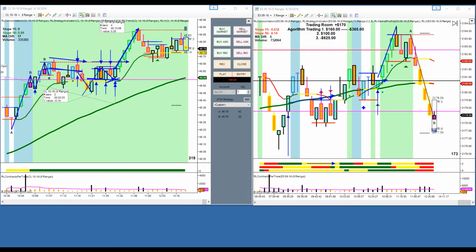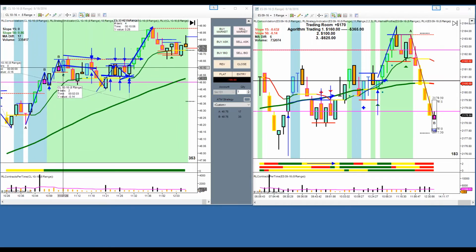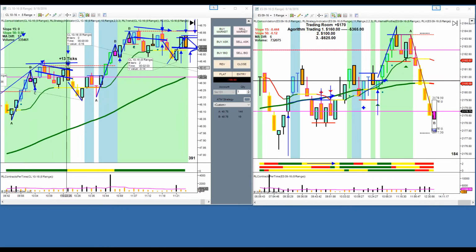Here's the thing, Mark. When you take a reversal trade, you're always going to take those trades against the background, against everything. And that's why they're riskier trades. And that's why I want to minimize the number of reversal trades I take.